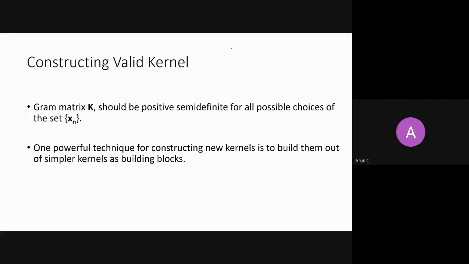The thing you need to remember here is that there are two properties we need in kernel functions. One, it should be symmetric. There are two parameters we are feeding into this kernel function, and the order will not matter. So K of x,y will be K of y,x.